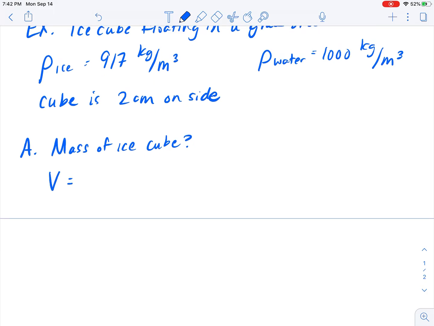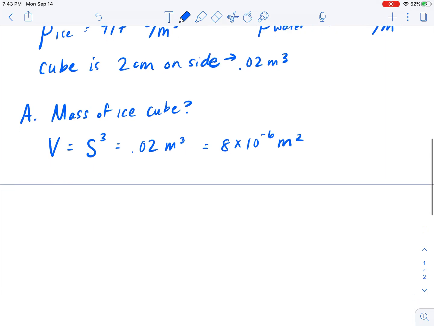So the volume of the ice cube, the volume of a cube is the side cubed, so that'd be 0.02, not centimeters, meters cubed. So I converted this to meters. So that is 8 times 10 to the negative 6th cubic meters.